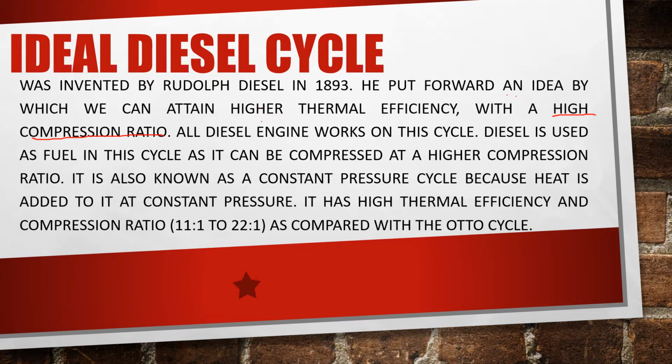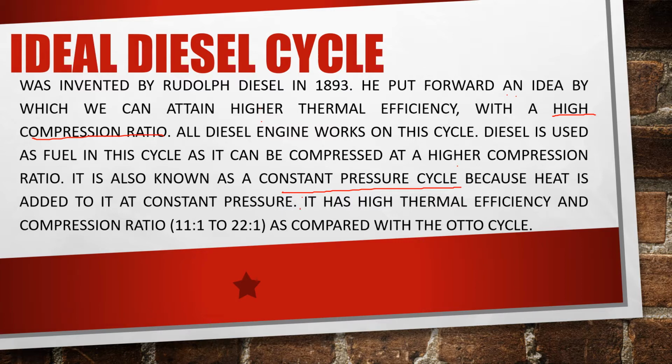Diesel is used as a fuel in this cycle as it can be compressed at a higher compression ratio. It is also called a constant pressure cycle, or constant combustion cycle, because heat is added at a constant pressure.